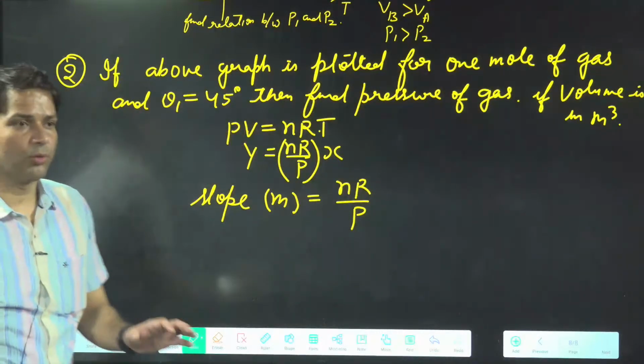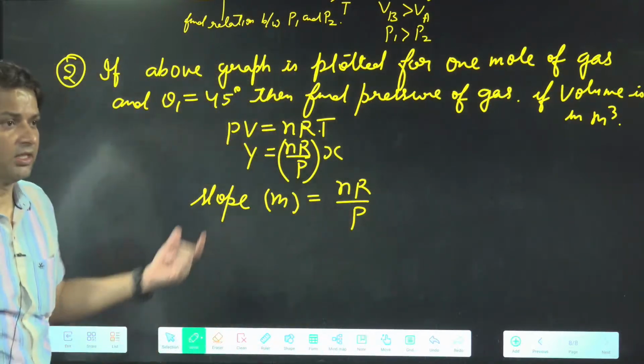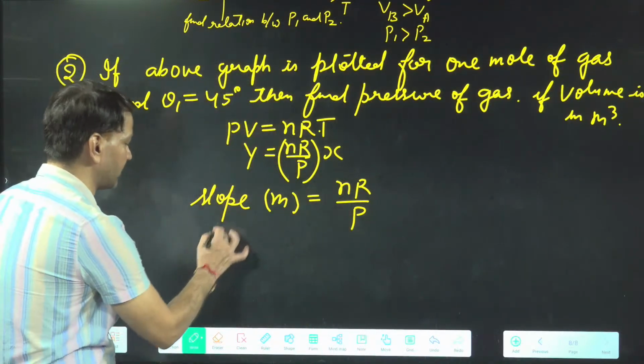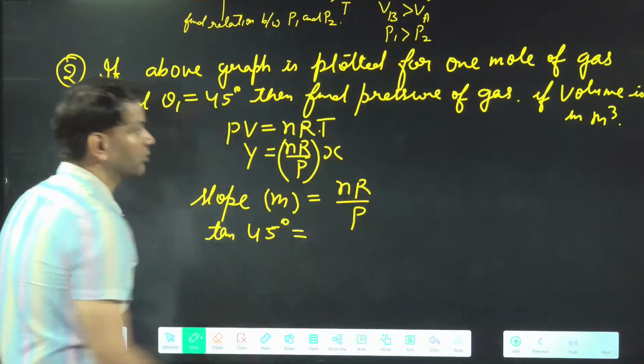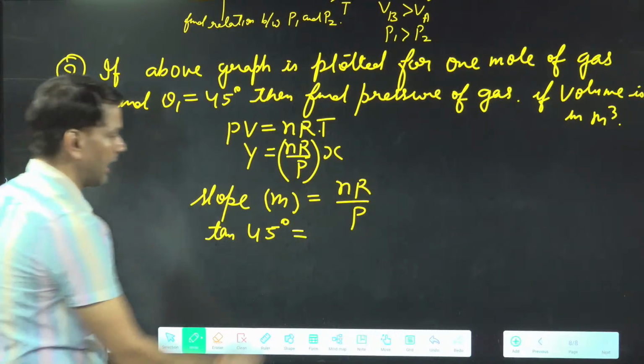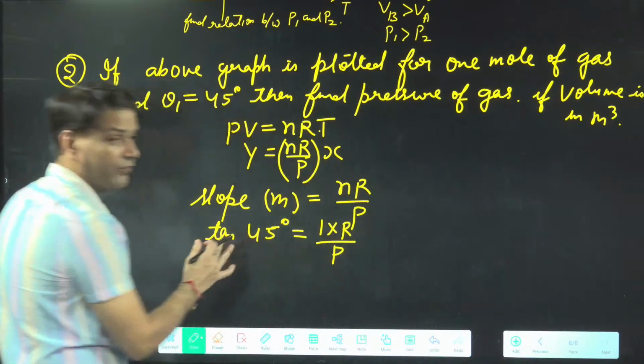I know that slope is tan theta, where theta is the angle made with the positive x-axis. So slope is tan theta, tan theta 1 I have given. So tan 45 is equal to nR by P, with number of moles 1, so 1 into R by P. Tan 45 is 1.